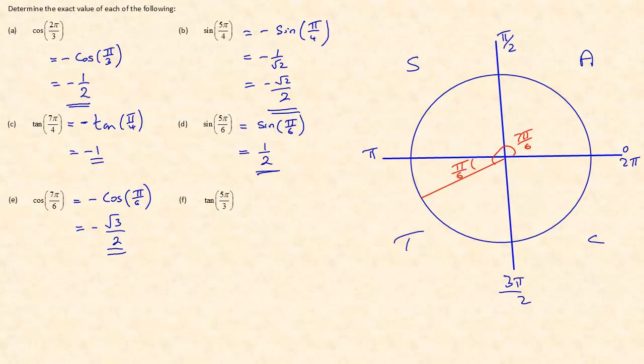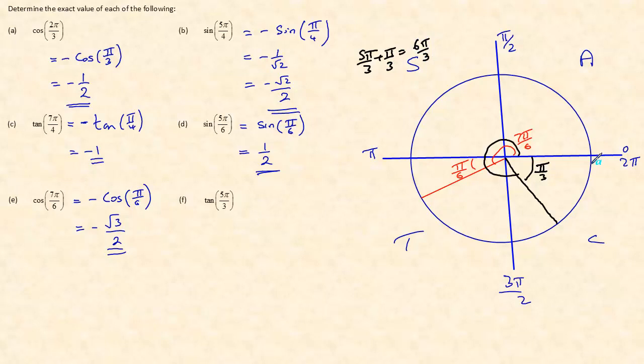Tan of 5 pi by 3, well, 3 pi by 3 is here. We want to go another 2 pi by 3, that's going to be somewhere in here. And that would leave us another pi by 3. So 5 pi by 3 add pi by 3 is equal to 6 pi by 3.